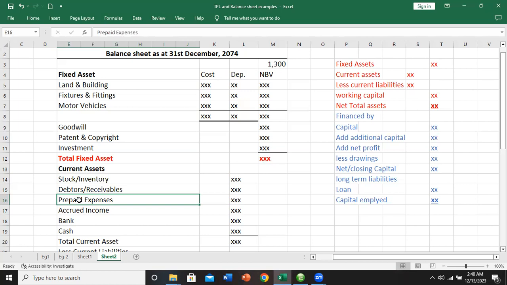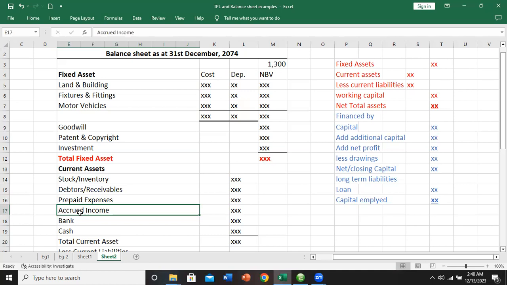The next one is accrued income. Accrued income means that the business is supposed to receive an income, but the business has not received it. It's simple. It is still your income, just that you have not received it. So it's an asset. Example, you make an investment. You go to the bank and you make an investment.